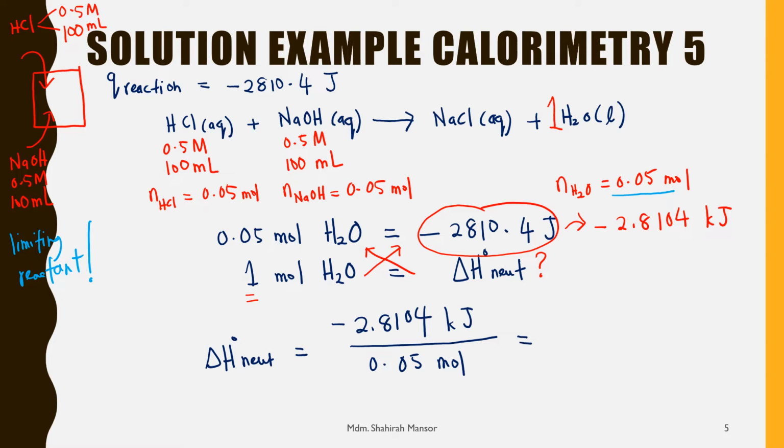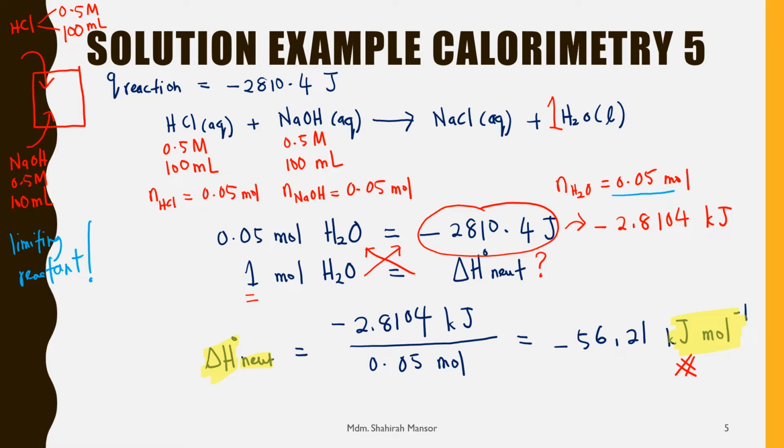So by doing this, maka you akan dapat negatif 56.21 kilojoule per mole. So please make sure apabila awak cari enthalpy untuk sesuatu reaction, unit mesti kena dalam kilojoule per mole. So this is the final answer untuk this soalan.